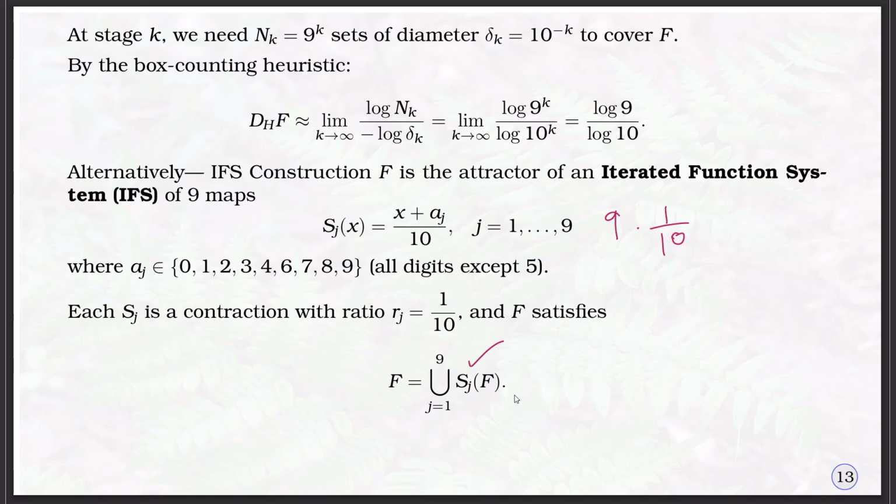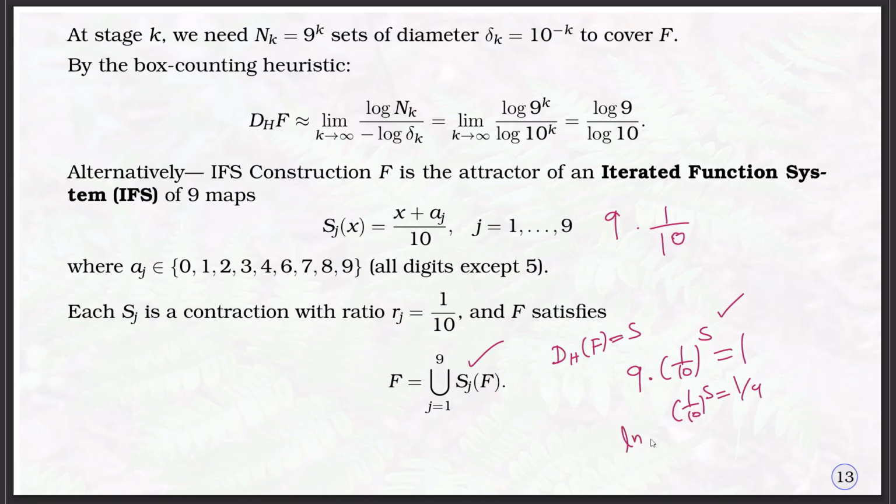Therefore, the Hausdorff dimension dH of F is equal to s, where s satisfies the number of mappings times (1 by 10) power s equal to 1. That s satisfying this equation is called the Hausdorff dimension of F. So we get (1 by 10) power s equal to 1 by 9.